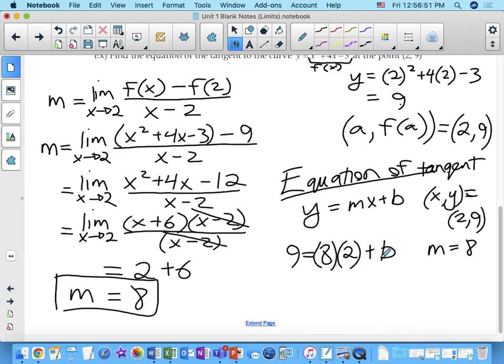And that is, I think, -7. Yeah. B is -7.